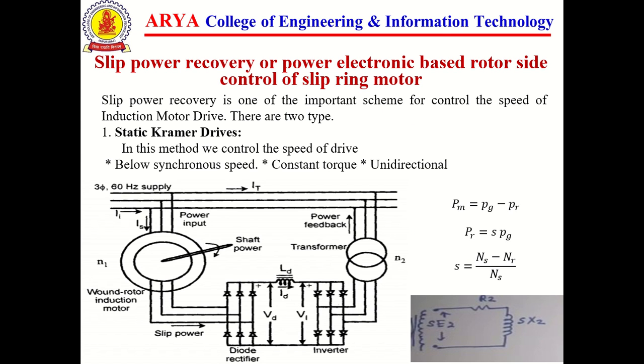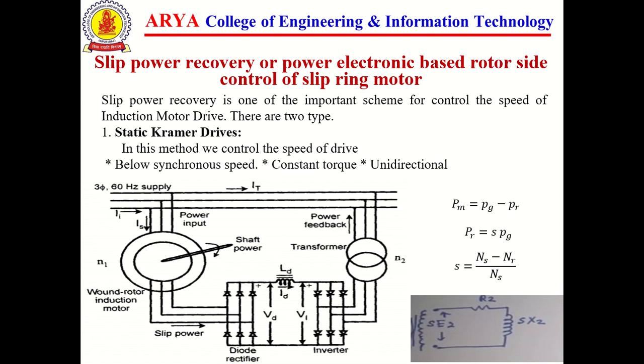There are two types. First we describe static Kramer drives and later on we describe static Scherbius drives. So first, look at static Kramer drives. We control the speed of the drive below base speed, that means below synchronous speed.